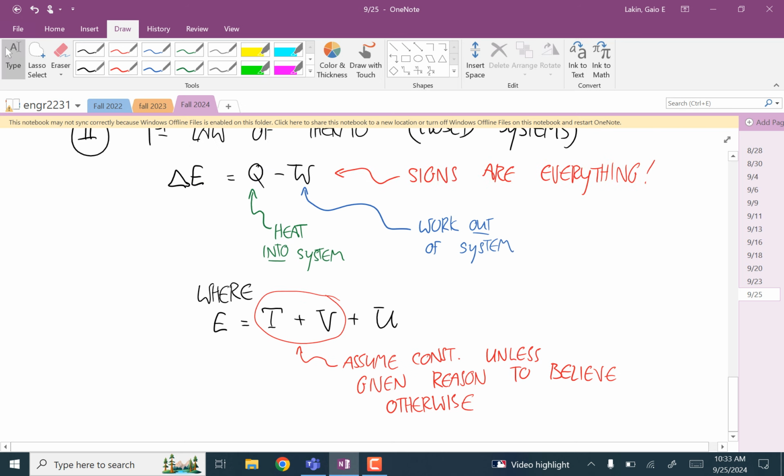So all we need to know is that a change in, say, temperature would have happened for us to know that we should calculate it.